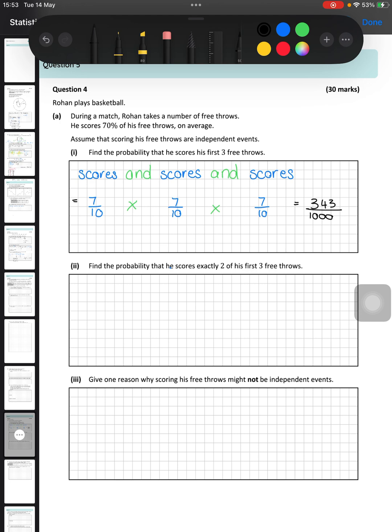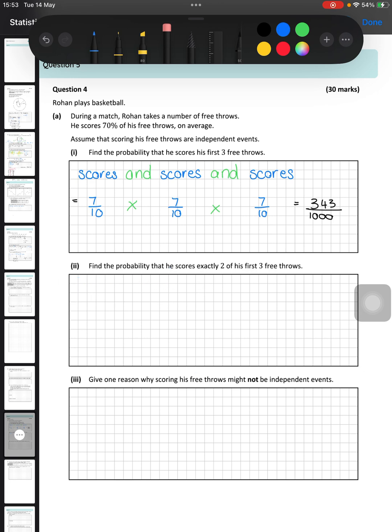Okay, it then says find the probability that he scores exactly 2 of his first 3 throws. So that means that he has to score twice. Okay, so he could have scores and scores and then does not score. Okay, now this is going to take me ages to write out.